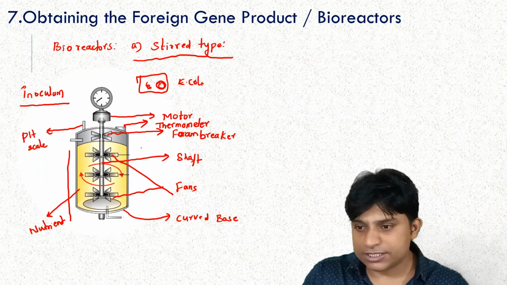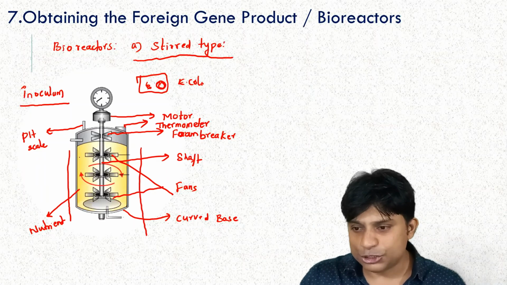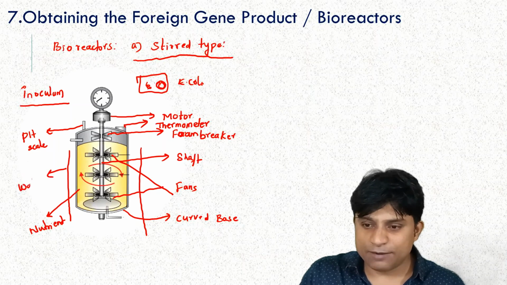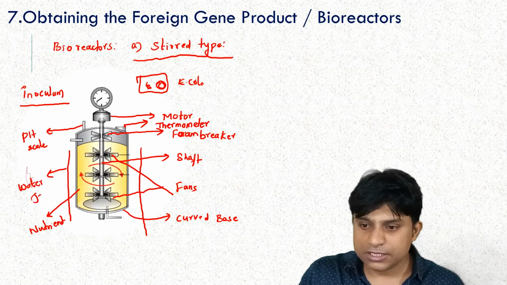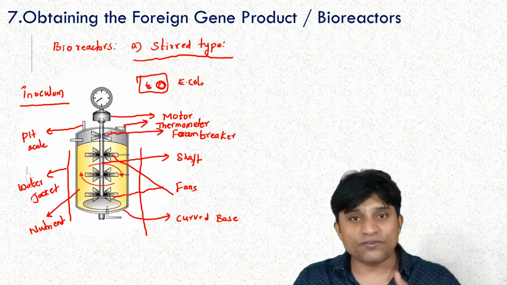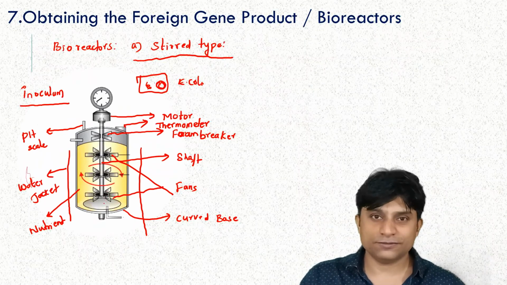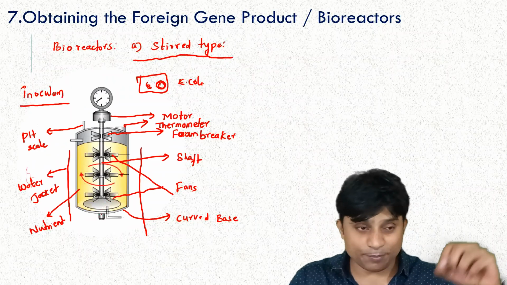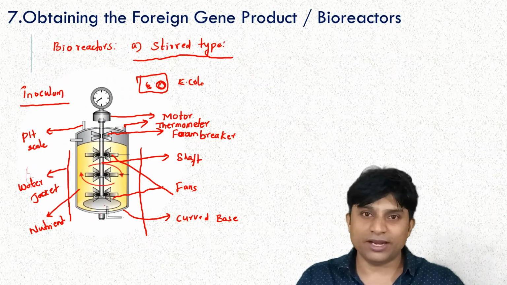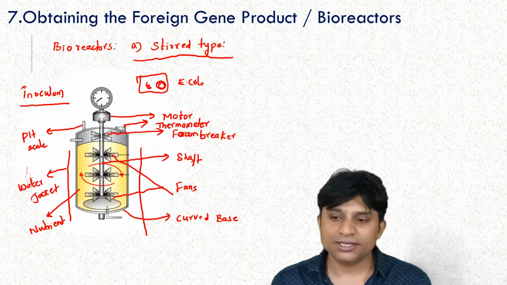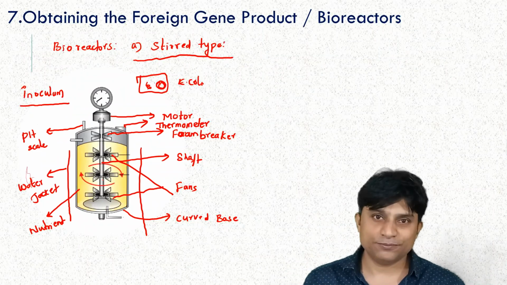This entire reactor is surrounded by a water jacket. So what is the advantage of this water jacket? If inside the reactor the temperature is very high, we are going to circulate cold water. If the temperature is very low, we are going to circulate hot water, because we need to maintain uniform temperature inside the reactor.